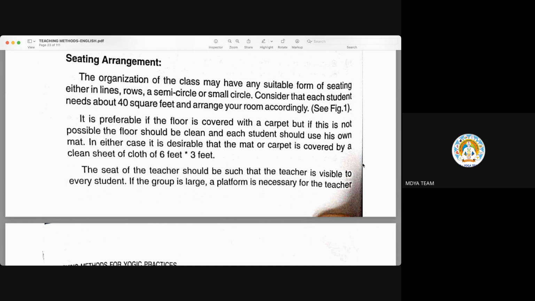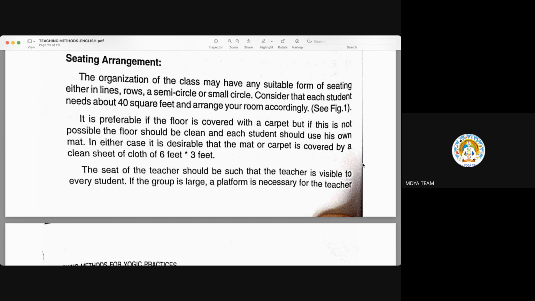It is preferable if the floor is covered with a carpet. But if that is not possible, then the floor should be clean, and each student should use his or her own mat.